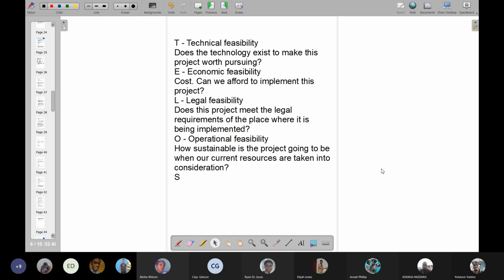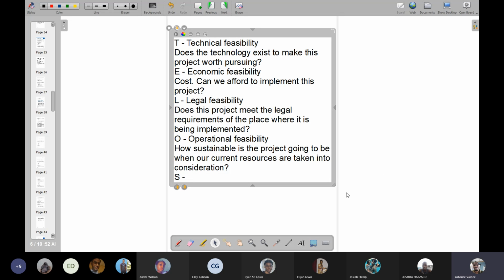Okay, and the last one, S, anybody want to guess what S is? What have we not spoken about in terms of thinking about feasibility yet? Anybody? Should I call a name?